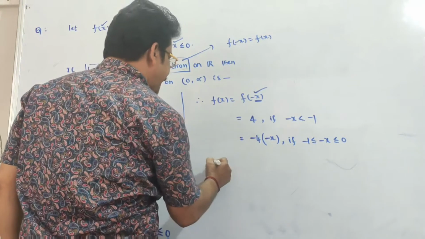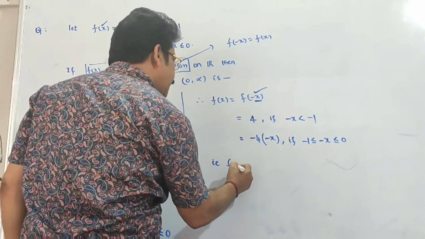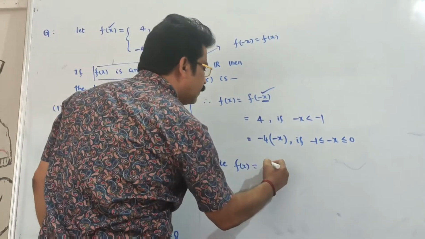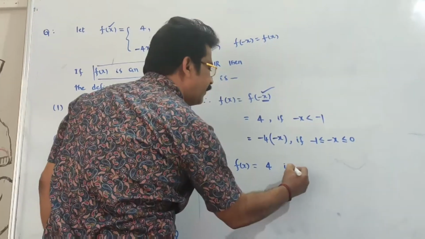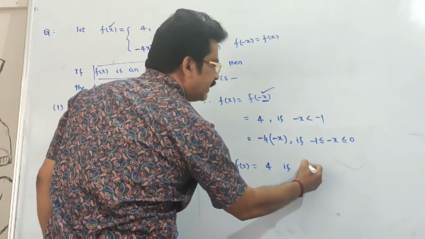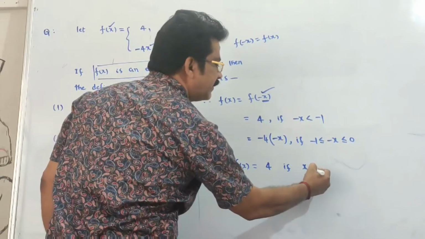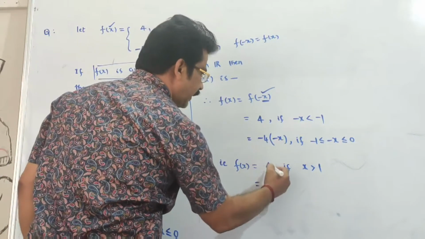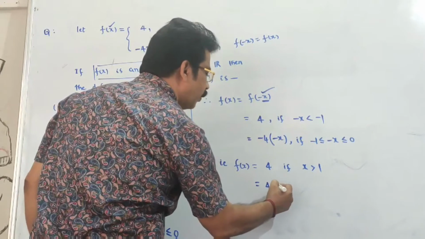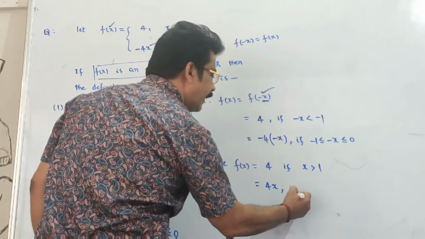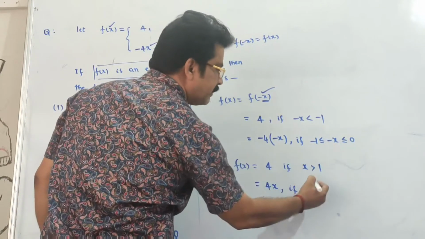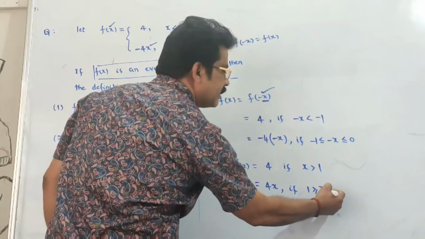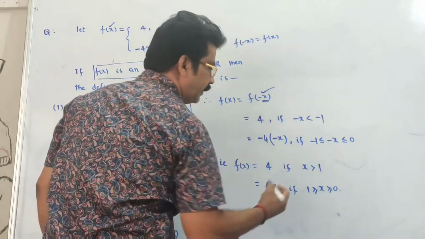So that is f(x) equal to 4 if we multiply with the minus, x is greater than 1. Next, that is equal to minus into minus, plus 4x, if we multiply with -1, 1 ≥ x ≥ 0.